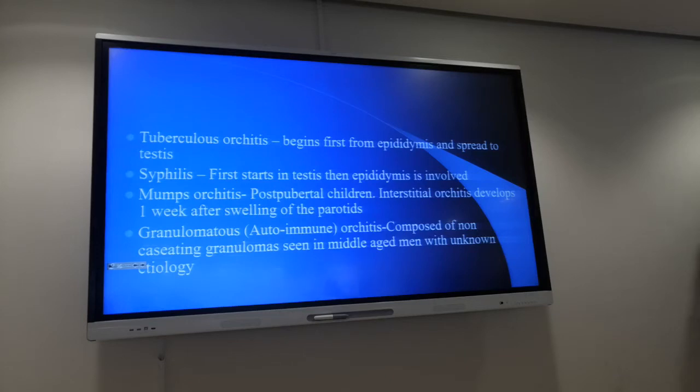So the same patient who has Hashimoto's will be presenting to you with type 1 diabetes, will be presenting to you with vitiligo and so on and so forth. So that may be also the case. If you take a section of this testis, you're going to be seeing non-caseating granuloma, which is what you see in this type of inflammation.